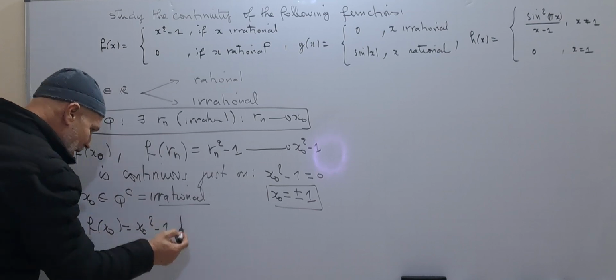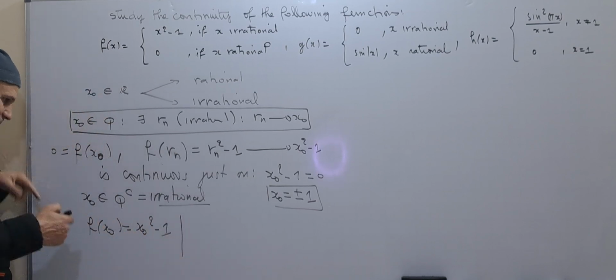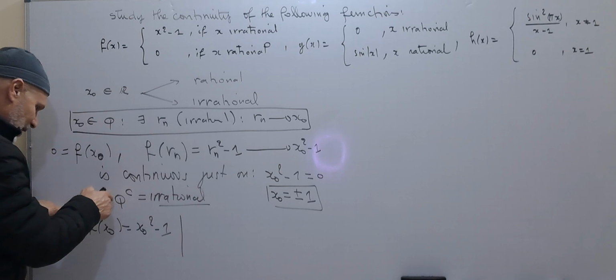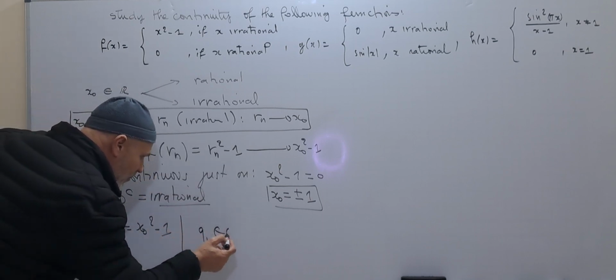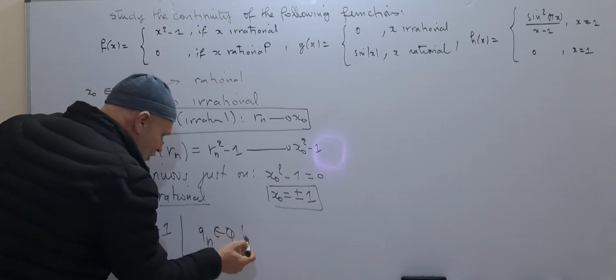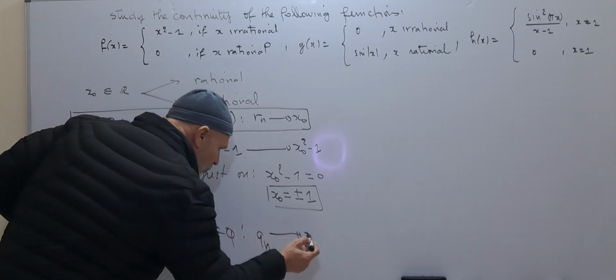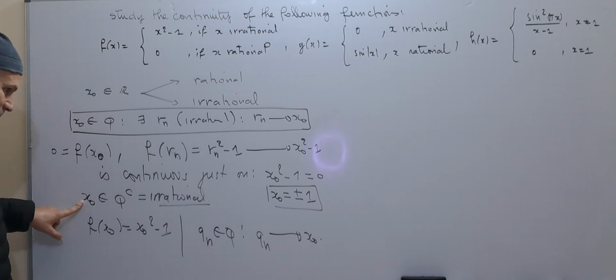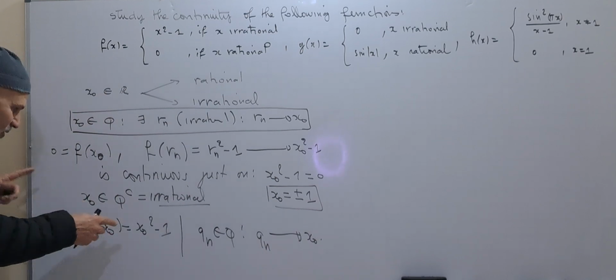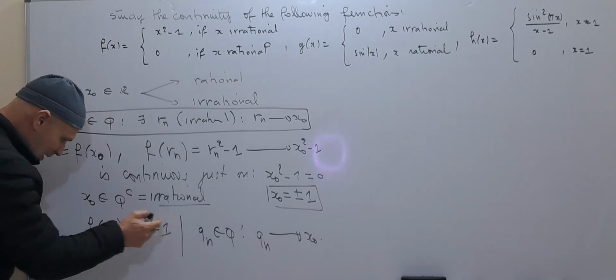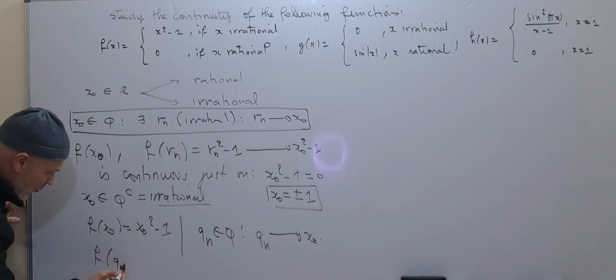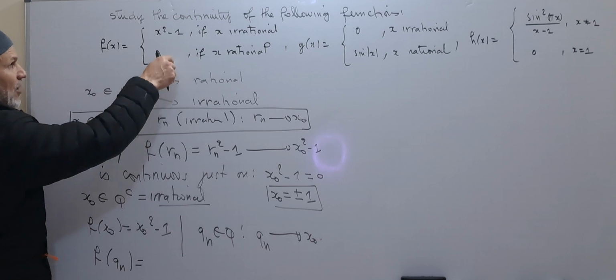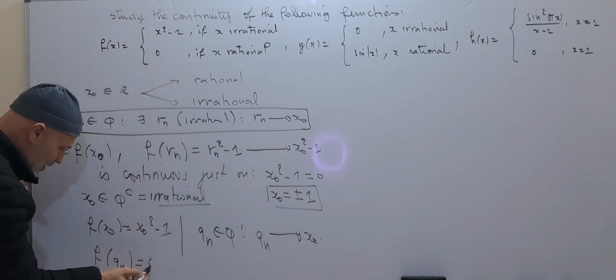Also, since x0 is in Q complement, there exists a sequence qn from Q, the rationals, such that qn converges to x0. So from one side we have x0 squared minus 1, and from the other side we have f of qn, and by definition, this is equal to 0.